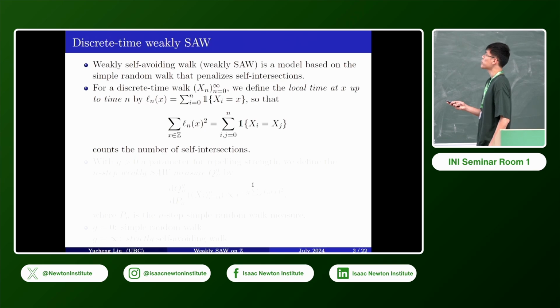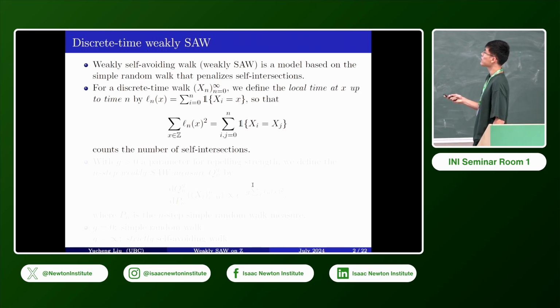And with that definition, if I look at the sum of squares of the L_n, this is some calculation you can do. It exactly counts the number of self-intersections of the walk. So we are just going to penalize the model using that.